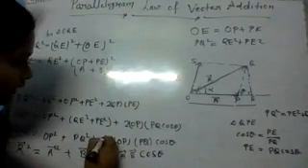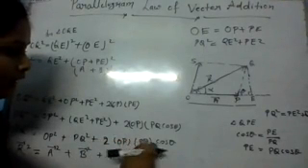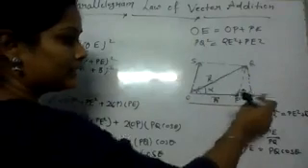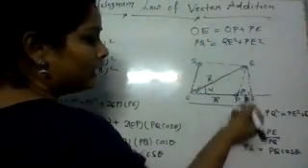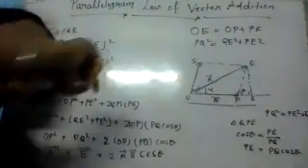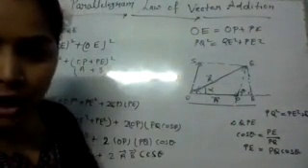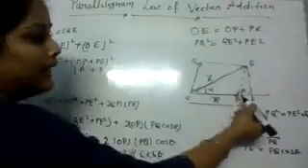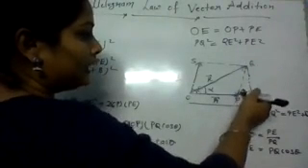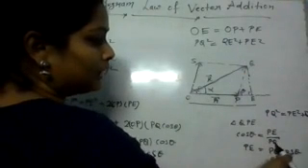Now just write this 2OP. Now we have to find out the value of PE. Just see this small triangle. Here we have to find out the value of cos theta. You know that cos theta equals base upon hypotenuse. So base is PE and hypotenuse is PQ, so PE upon PQ.